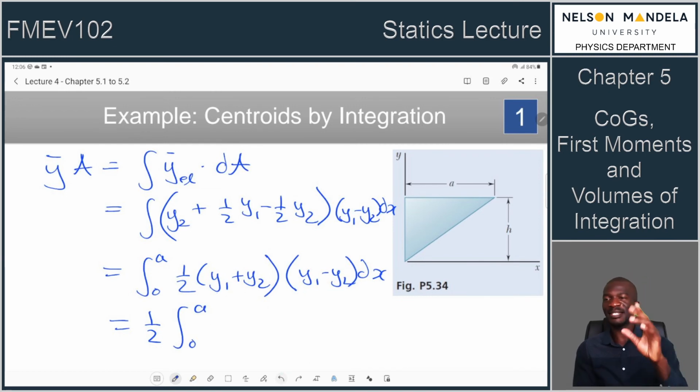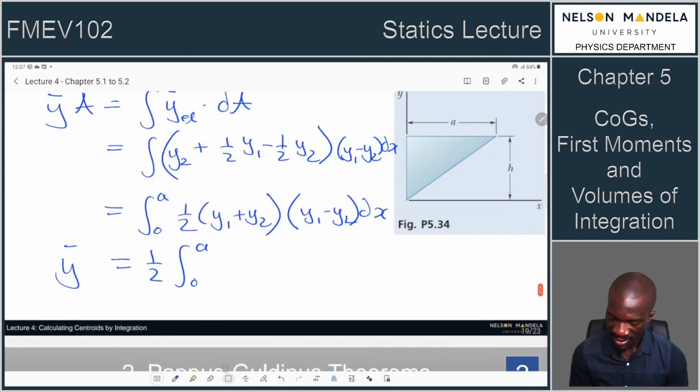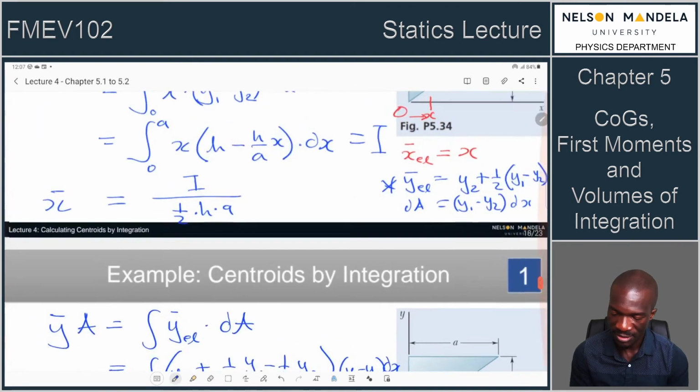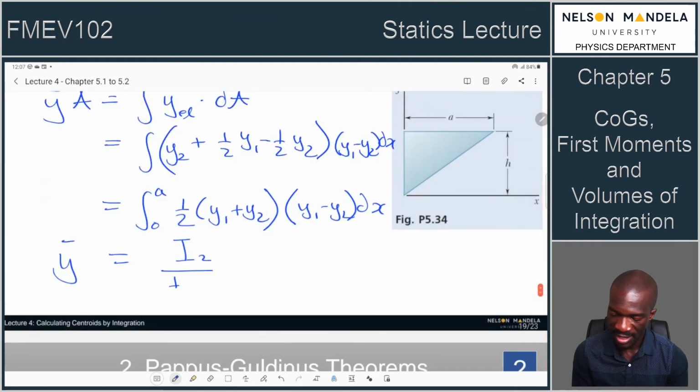I think you are already seeing a difference of two squares. So you can apply the difference of two squares. You know your function for y1, you know your function for y2, and you integrate away. And you find your y bar by, let me just summarize this, defining this as integral 2, and integral 2 divided by half base times height.